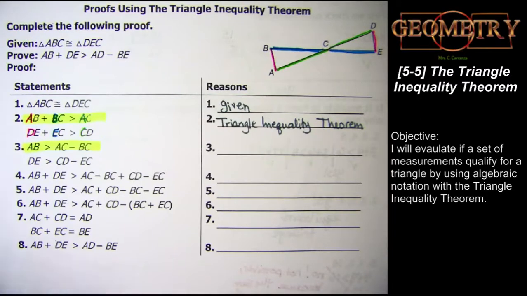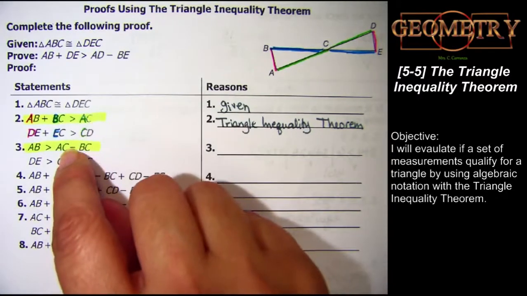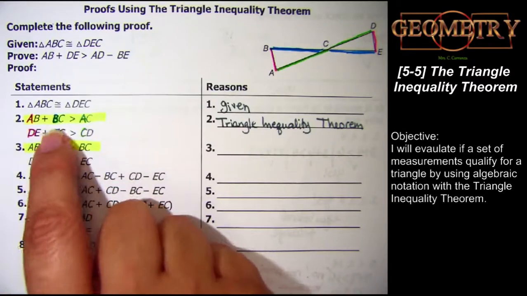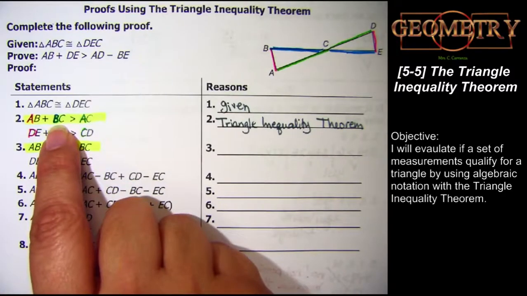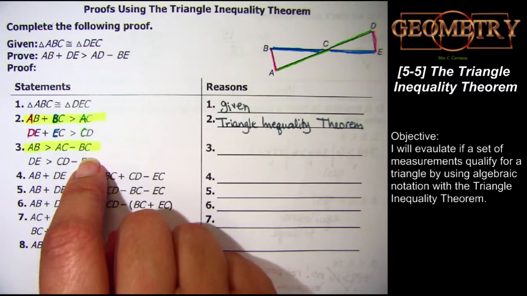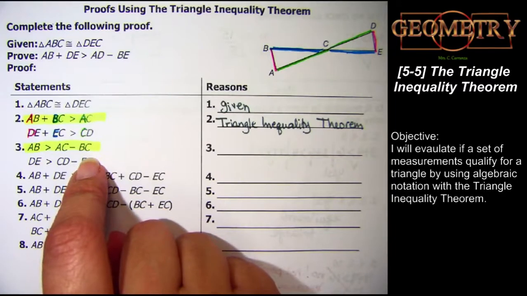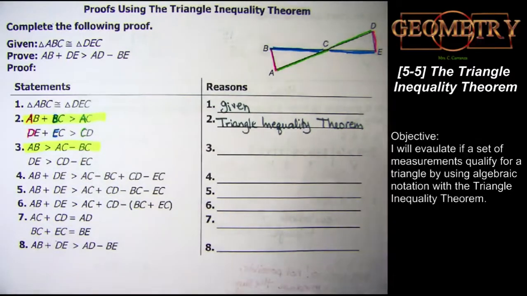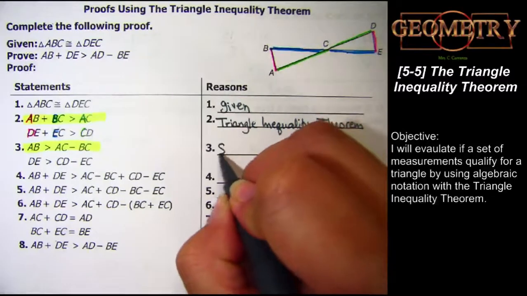It's almost like a flip, except AC and AB are staying put. It looks like BC is the only one that's moving. We subtracted BC. What's the property that lets us subtract on either side of an inequality? Yeah, the subtraction property of inequality.